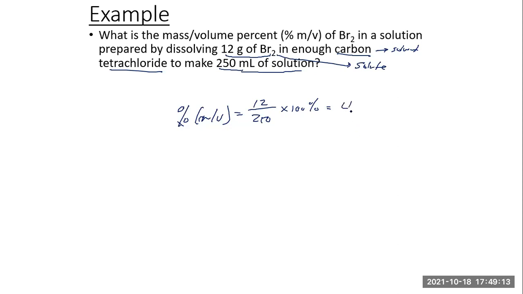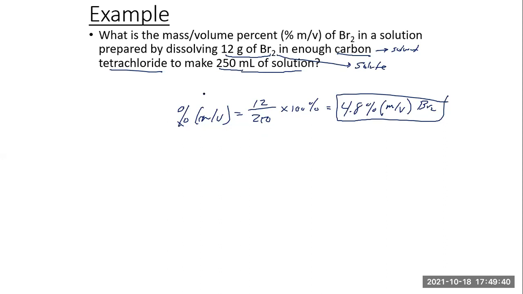And again, typically here we would leave it as percent, and it is also customary to include the M over V, which means mass to volume, so we know what that percentage means. You could also put Br2 at the end if you like. Any questions on that calculation?